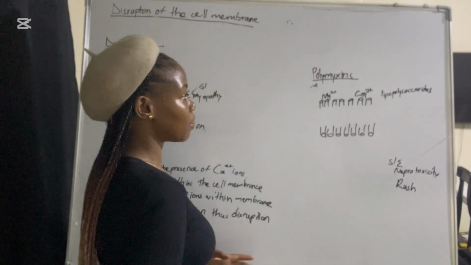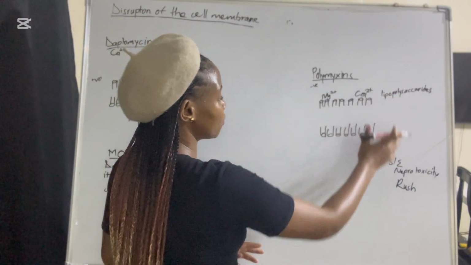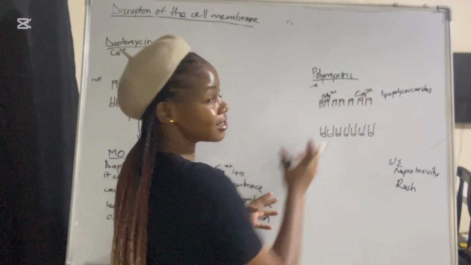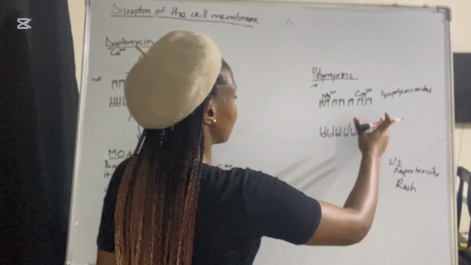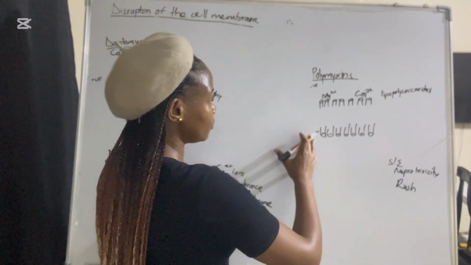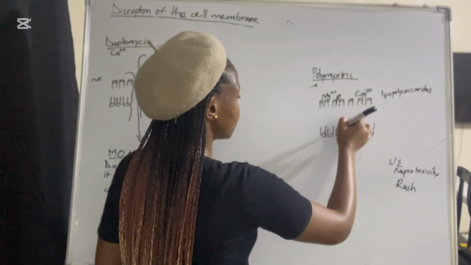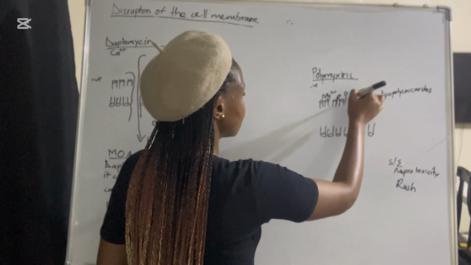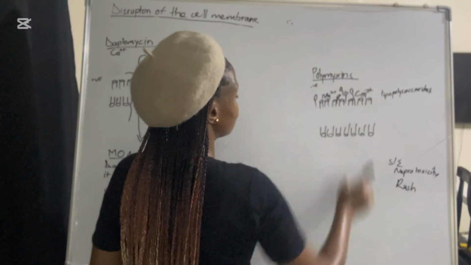Once these polymyxins have bound onto the lipopolysaccharides, they are going to destabilize the phospholipid layer, allowing penetration of the polymyxins, leading to disruption of the cell membrane.